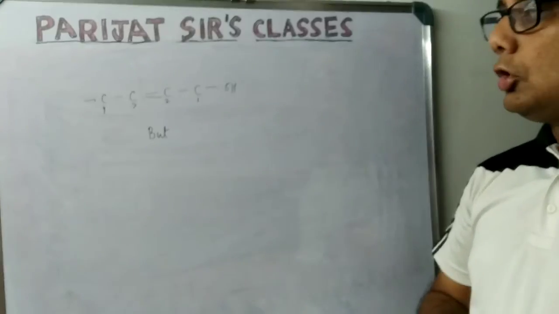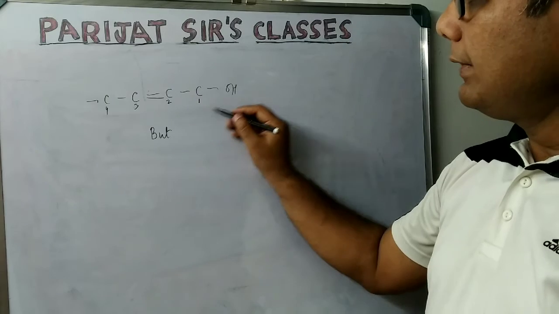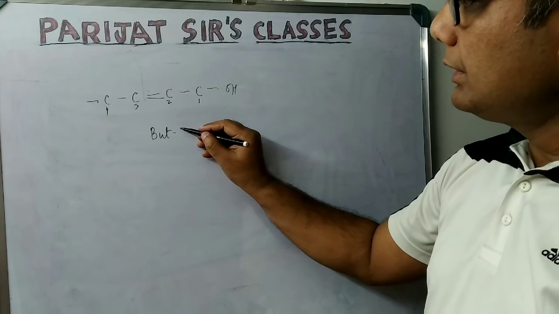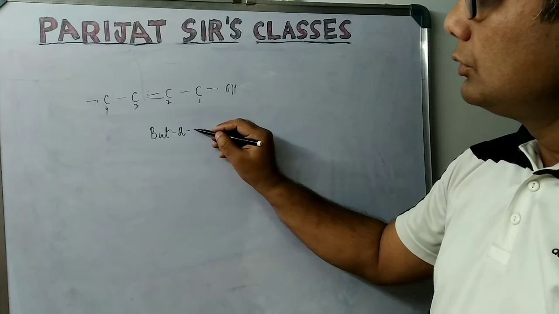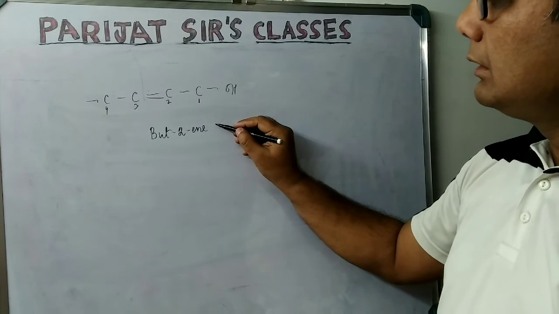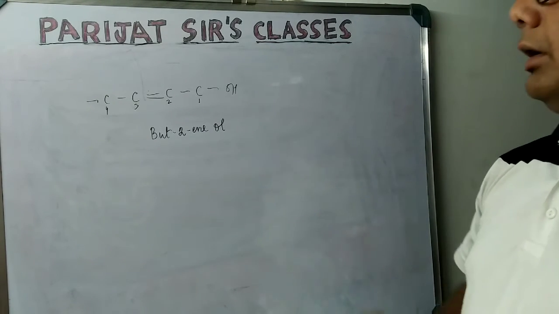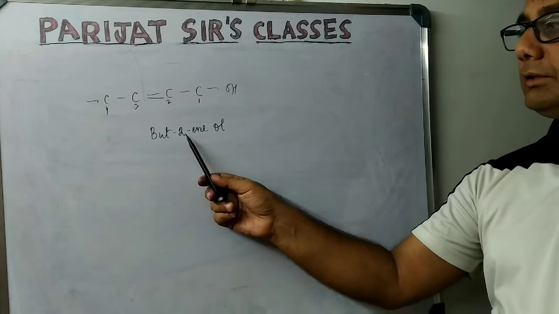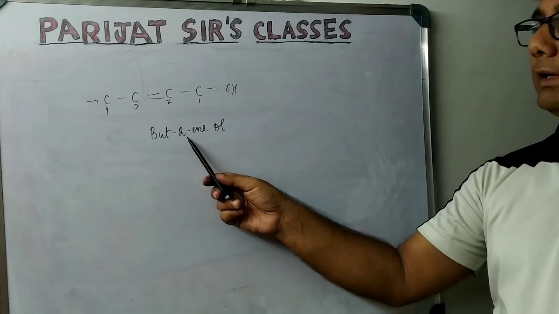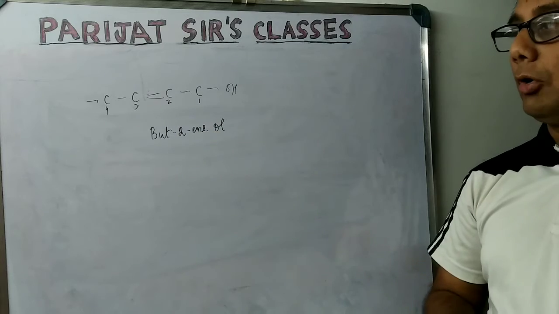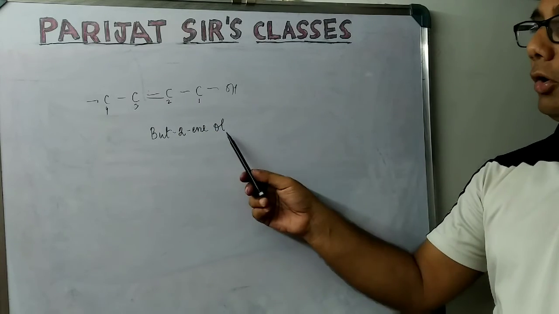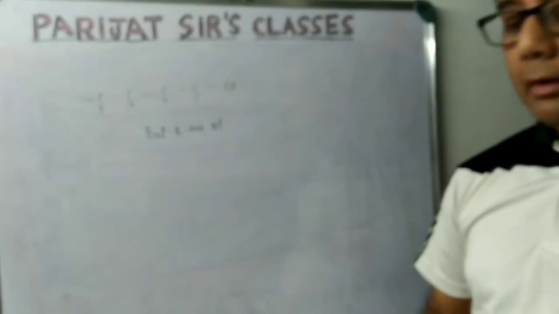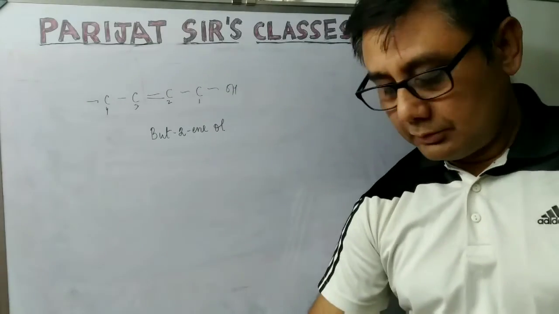But-2-en-ol: in the butane, in the second position, there is a double bond. So en and ol, this is the functional group. This is the name given to this carbon compound.